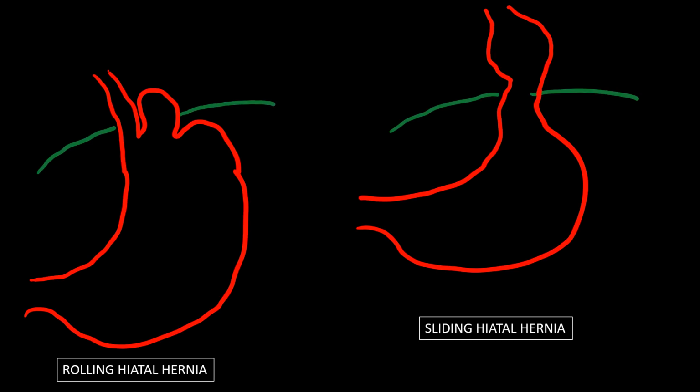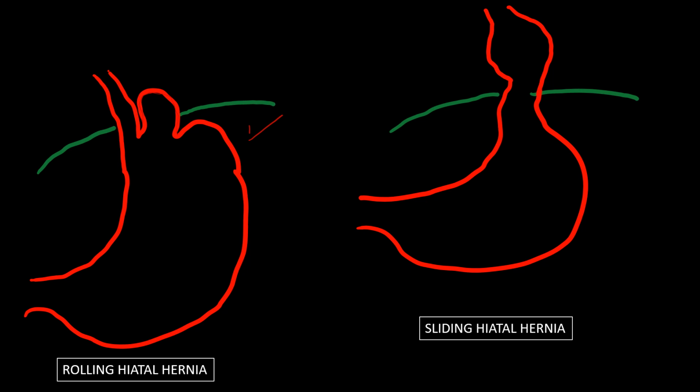Let's discuss certain applied anatomy of the stomach. You may have learned about hernia in the diaphragm also. We know that the diaphragm has an esophageal opening. Sometimes the fundus of the stomach may pass through the diaphragm in addition to the esophagus.